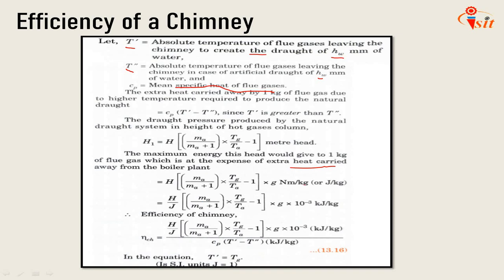Newton meter is nothing but joule. So here H upon J will be Ma upon Ma plus 1 times (Tg upon Ta minus 1) multiplied by G into 10 raised to minus 3. We need to convert into kilojoule per kg.